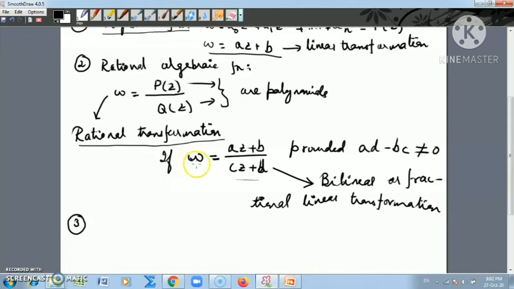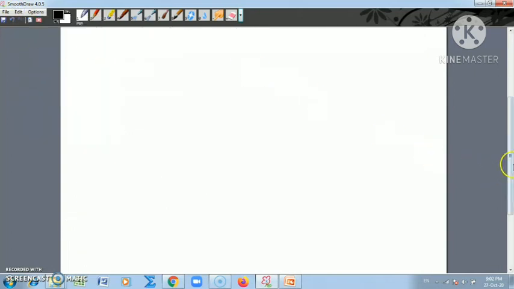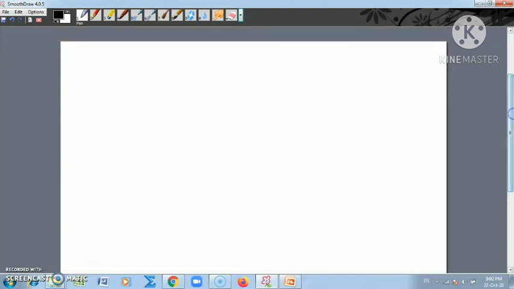Okay, this is rational. Then we have the exponentiation function, where W is equal to e to the power z, which I don't think I have to describe. So this is the exponential function. Then I move forward to the next type, number 4, trigonometric function, which is also quite familiar to you.